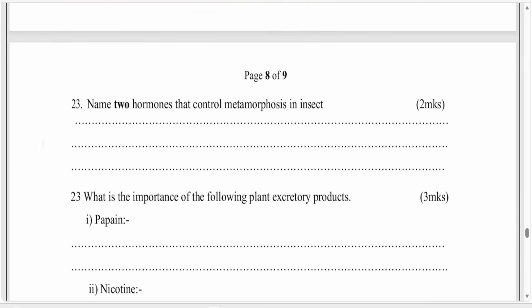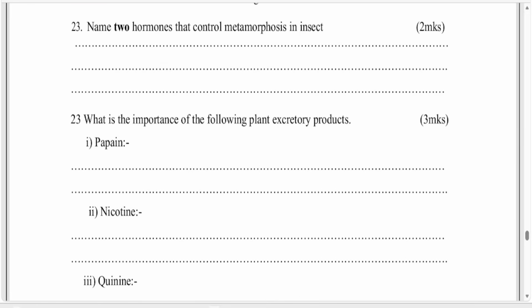Question number 23. Name 2 hormones that control metamorphosis in insects. In Form 3, growth and development, we talked about the role of hormones in metamorphosis. And we have 2 major hormones in insects that regulate the process of metamorphosis.